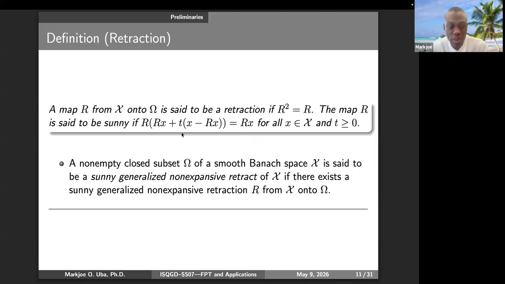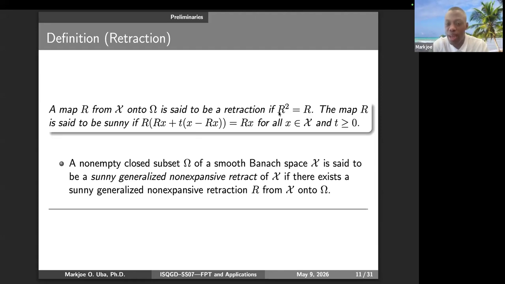Then the next thing is to talk about retraction, because we will again be using this to describe our results down the line. A map R from the original space onto this convex set is said to be a retraction if this composition gives us R itself.